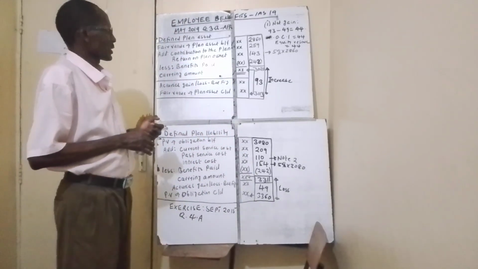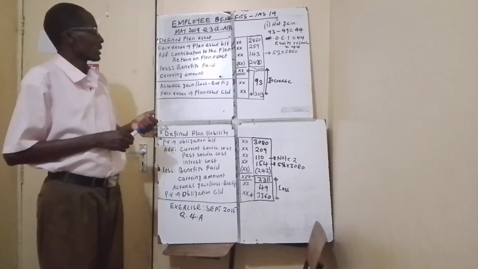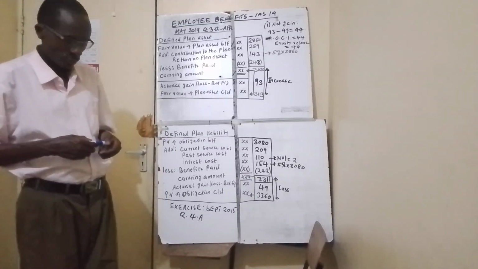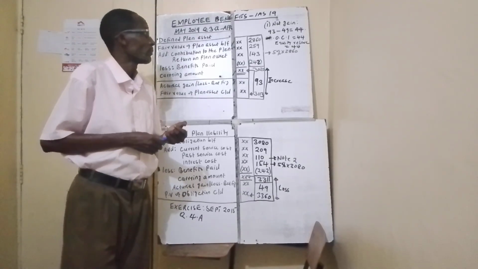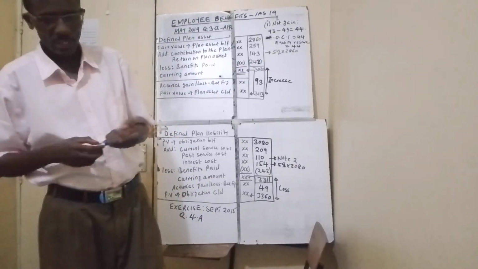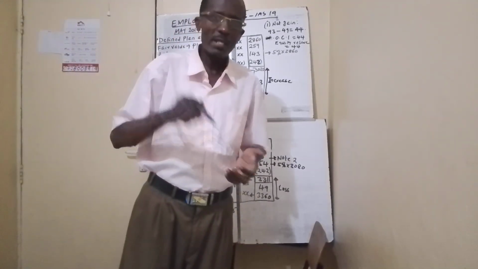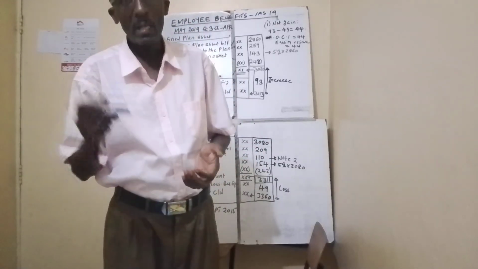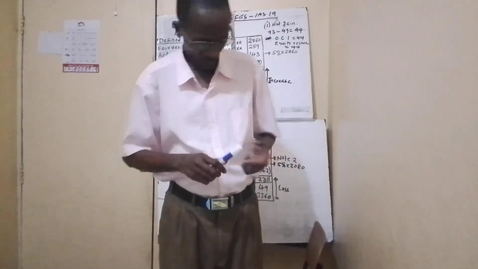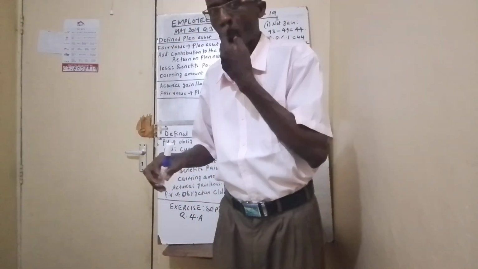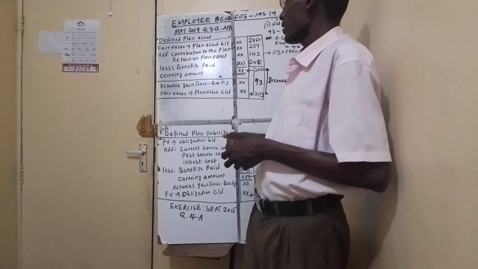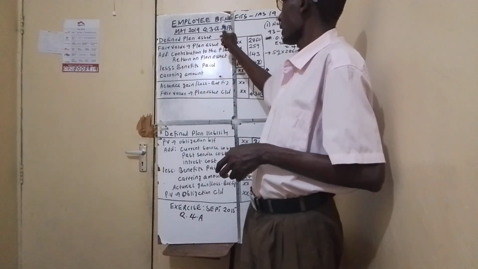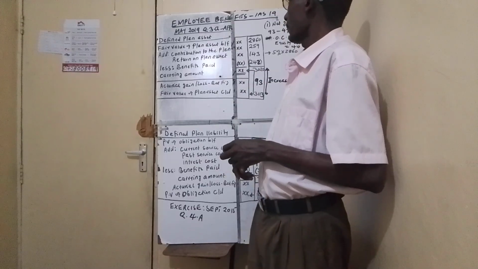The example that we have used for the purpose of illustration is May 2019, question 3A, Advanced Financial Reporting. You can see it here, Employee Benefits, IAS 19, May 2019, question 3A.